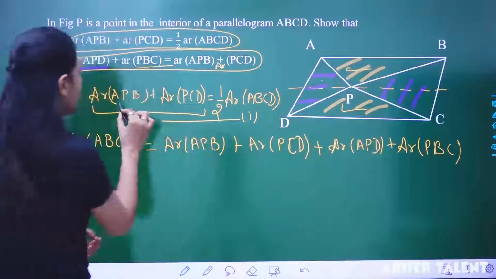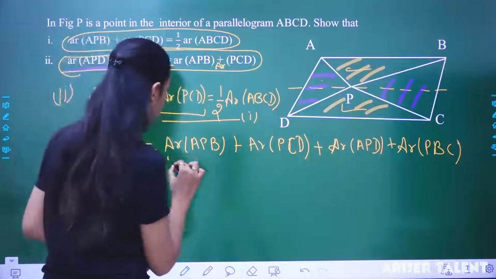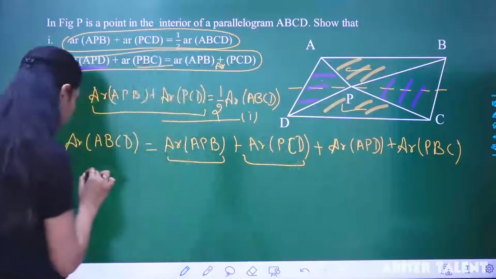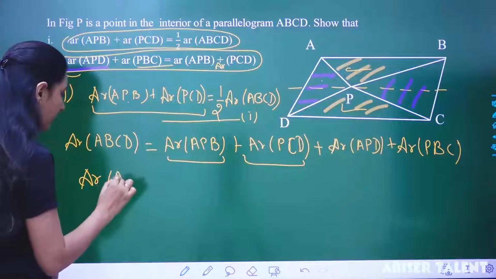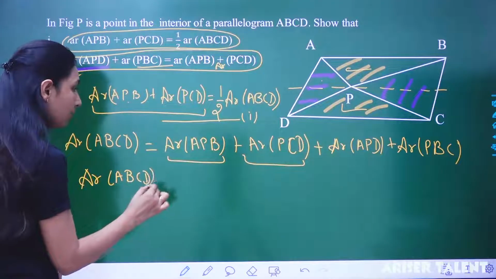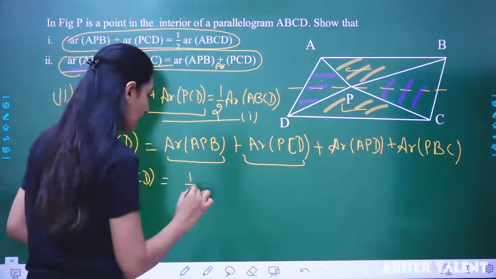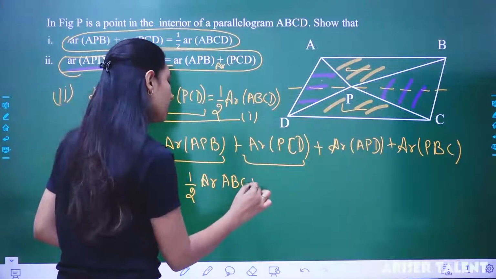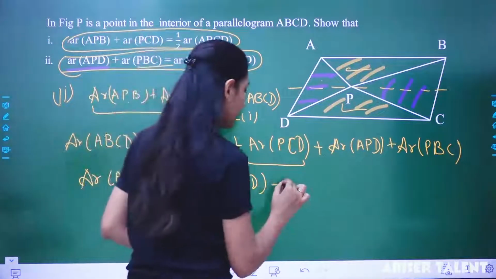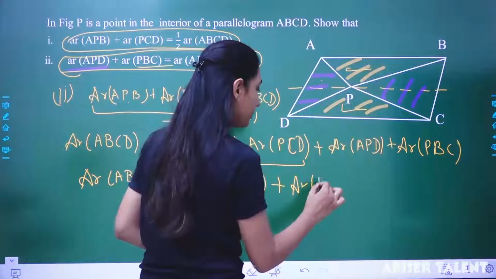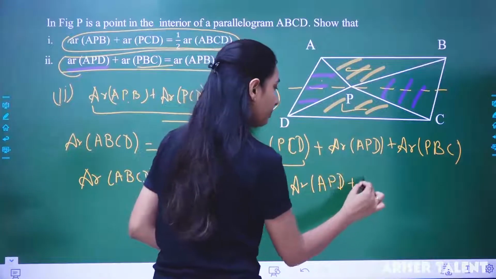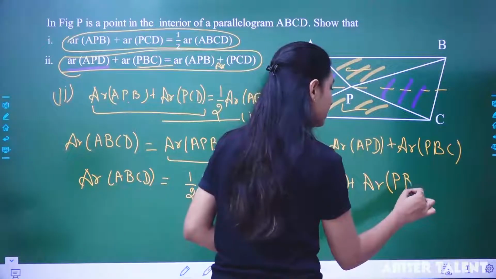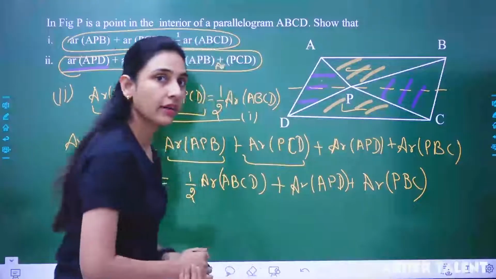So basically APB is this plus PCD, this. So we can write area ABCD is equal to half area ABCD plus area APD plus area PBC, right?